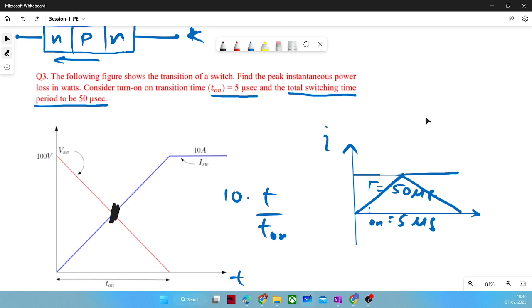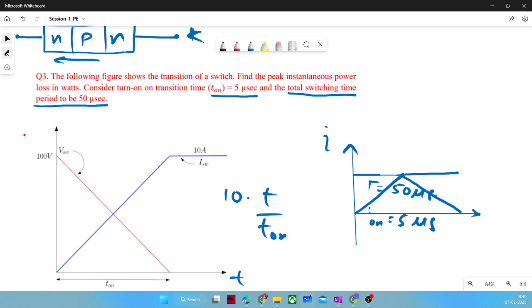Generally switching losses are typical, and you will see different characteristics of voltages and currents. For turn on, obviously current will rise and voltage will fall, and for turn off, current will fall and voltage will rise. You will see this kind of waveform in those problems.